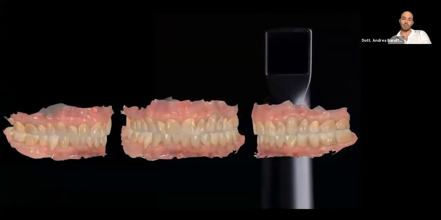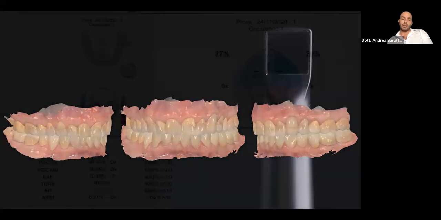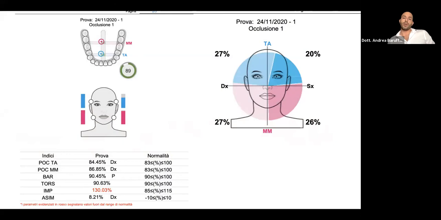So the patient likely has bruxism. We performed a Titan, and we can see overall a good balance, but the impact is quite high.